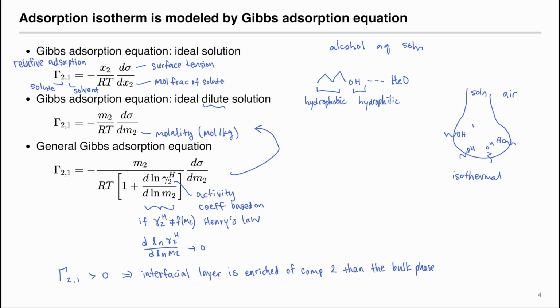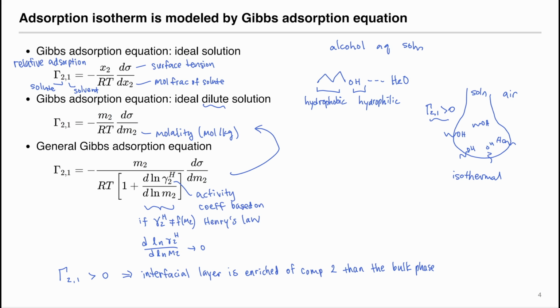So if the bulk phase has relatively little alcohol, but the interfacial layer has more alcohol, we say that gamma 2,1 is greater than 0. We say component 2 is positively adsorbed with respect to component 1. In this case, alcohol is positively adsorbed with respect to water.